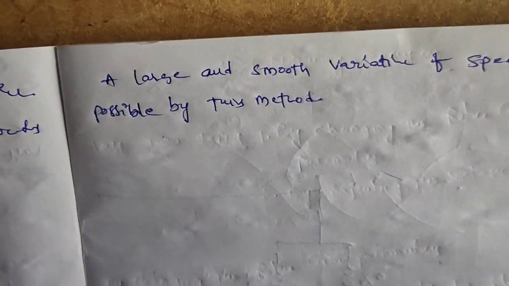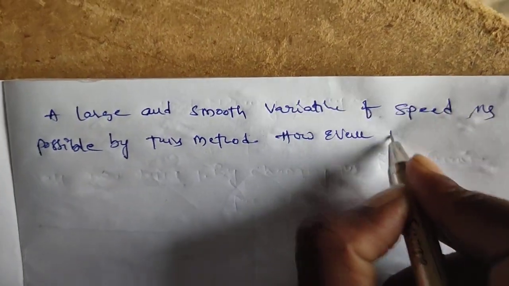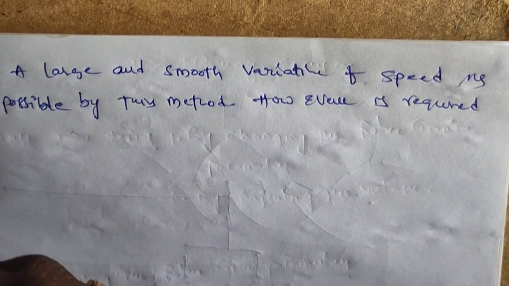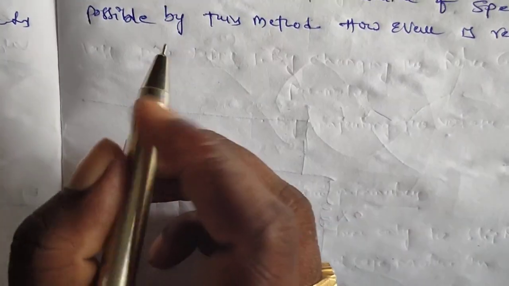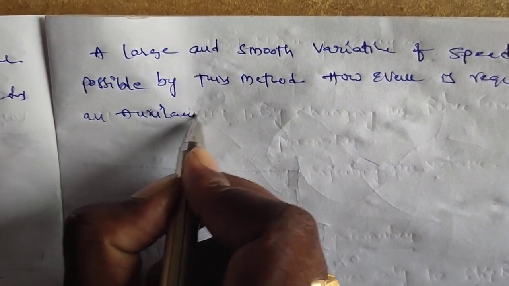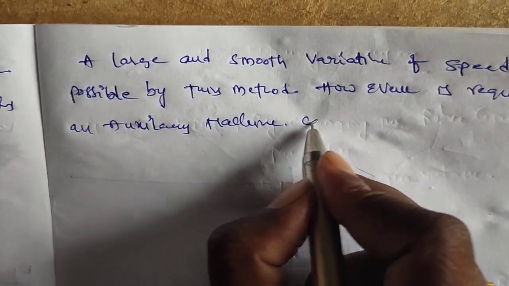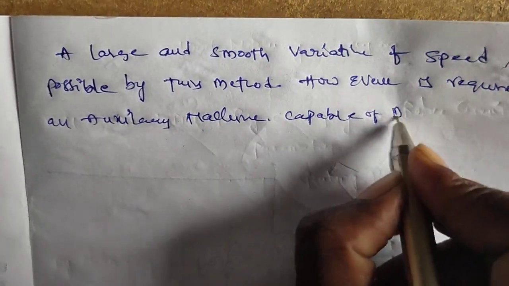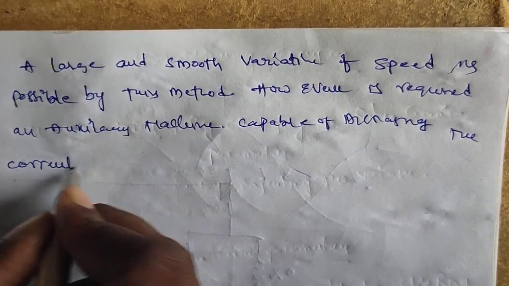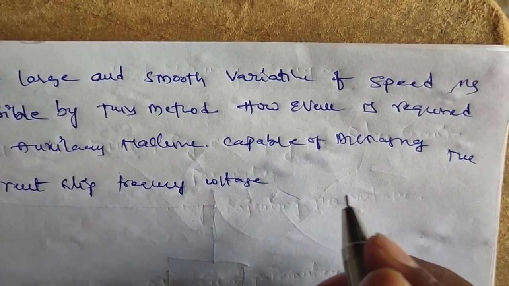However, it requires an auxiliary machine capable of injecting the correct slip frequency voltage into the rotor circuit.